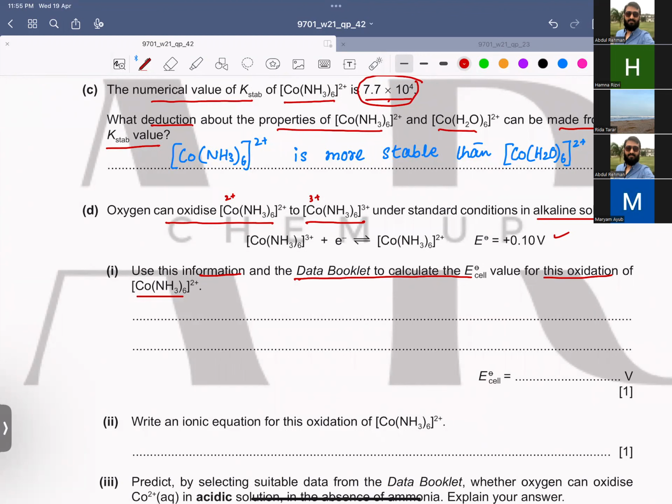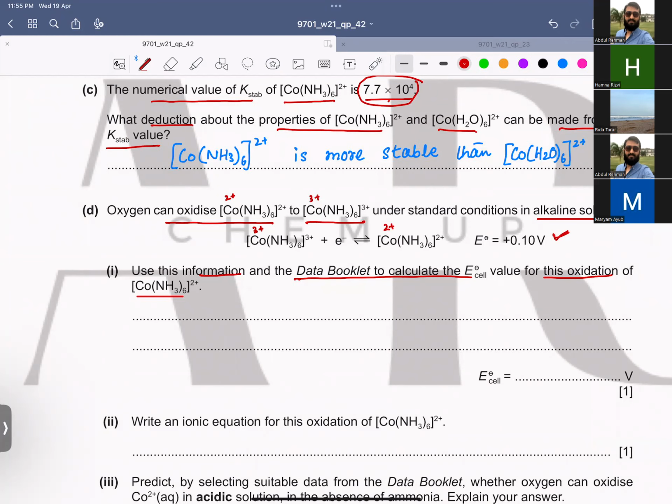Here we have a half equation provided, showing a 3+ charge here and a 2+ charge here.